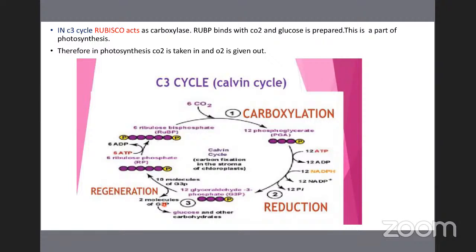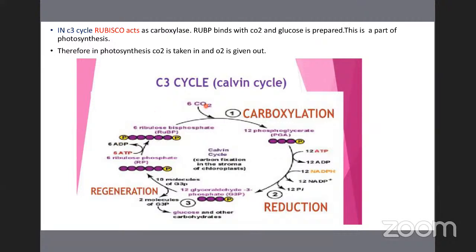The 1/4 helps in the formation of glucose. The 3/4 helps in the regeneration of RUBP by undergoing various changes by the influence of enzymes and the utilization of ATP molecules, which helps in continuing the cycle.